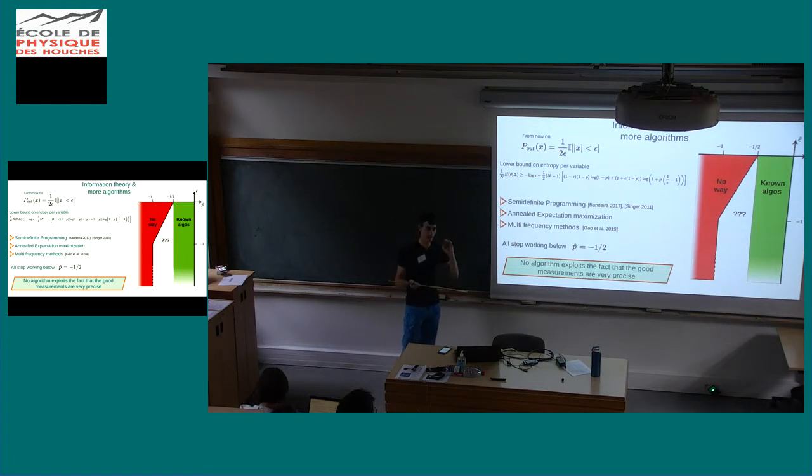So the precision of the measurement goes to 0 when n diverges. And all these mean field algorithms do not exploit this fact, and in fact they just crash on the p hat equals 0.5 threshold, which is the best you can do also information theoretically.